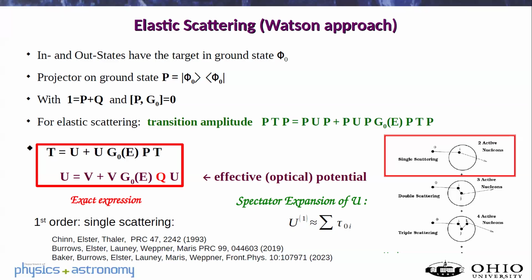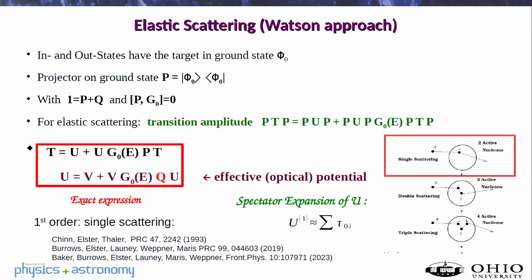Then you have to work in Q space and see what you are taking in. If you have single scattering, my notation is always that the projectile is particle number 0, and the ones inside are I's and J's and so on. So here you have 2 active nucleons. Double scattering, you would have 3 active nucleons, and so on. As a tidbit, Watson and Faddeev were contemporaries.